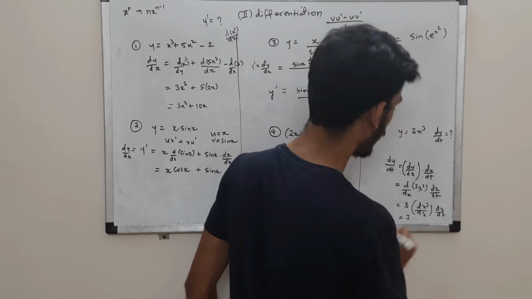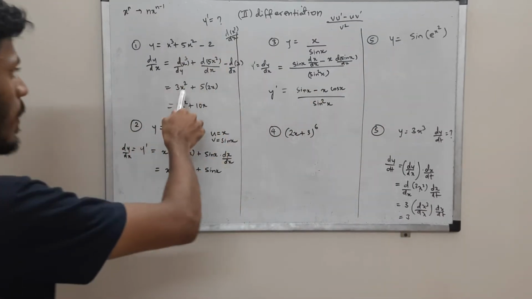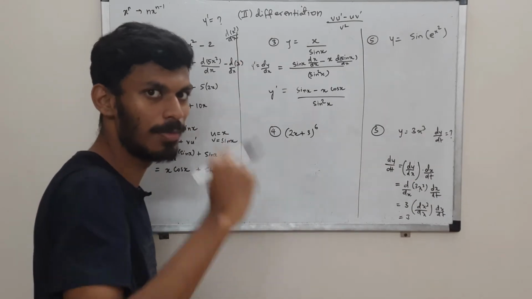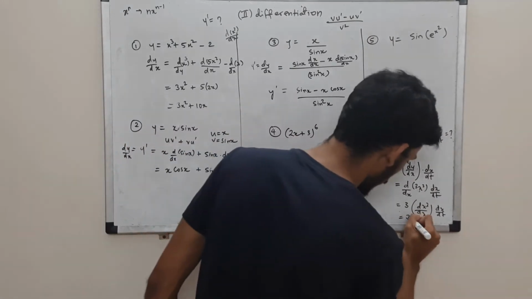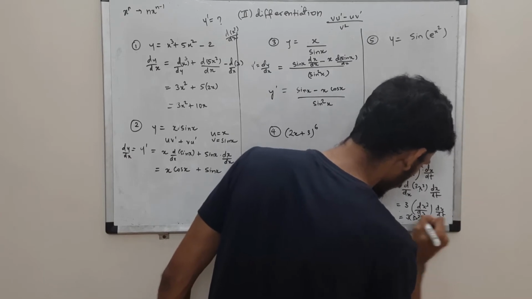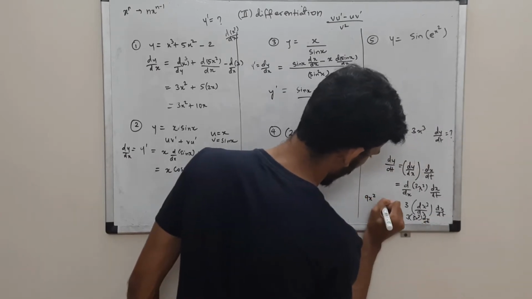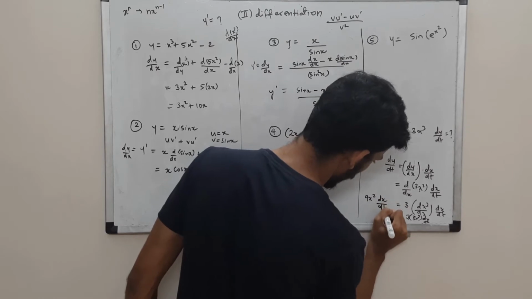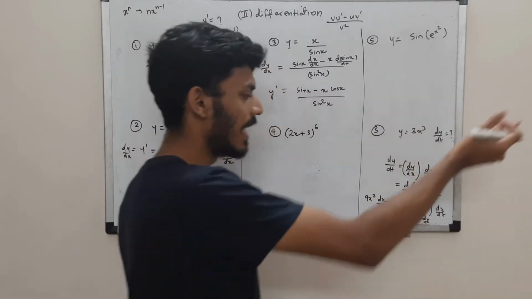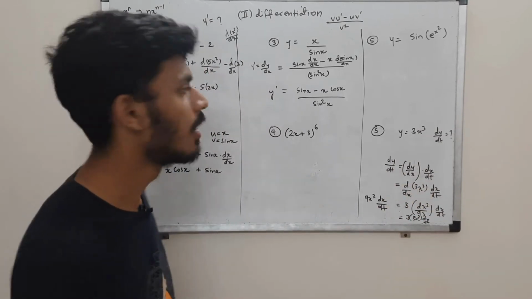The derivative of x cube, if you remember, is 3x square, right? 3 comes down, x to the power one less, x square. So 3x square and dx by dt. So it is 9x square dx by dt. Simply it's dy by dx into dx by dt. You can write it that way.